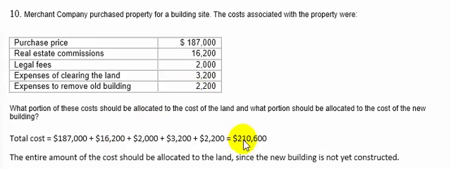So the total will be $210,600, and a textbook answer would be the entire amount of the cost should be allocated to the land since the new building is not yet constructed. So all of these things go to the cost of the land.